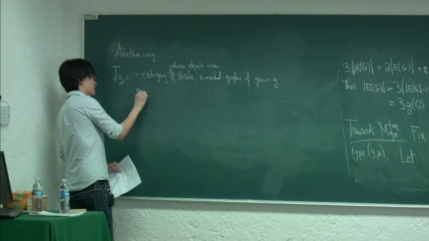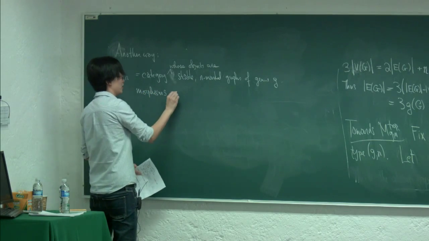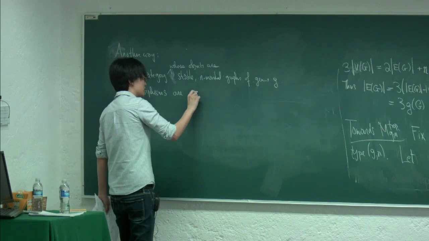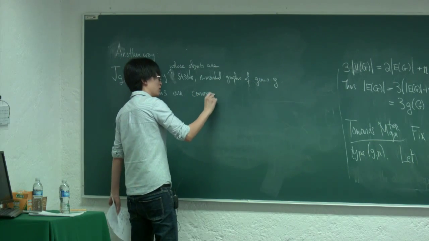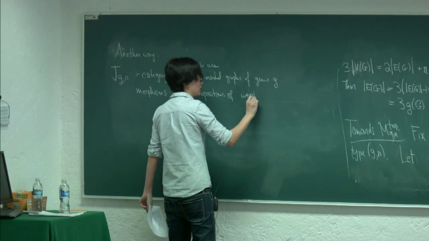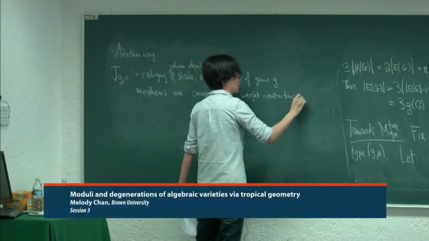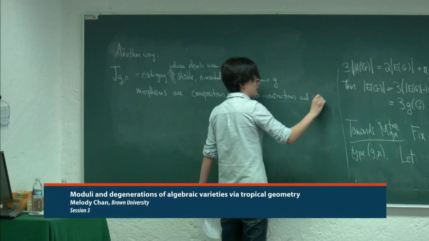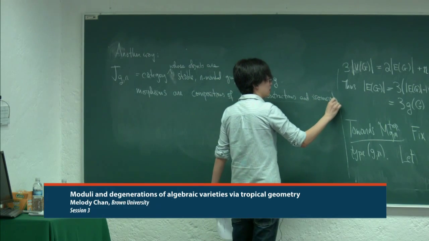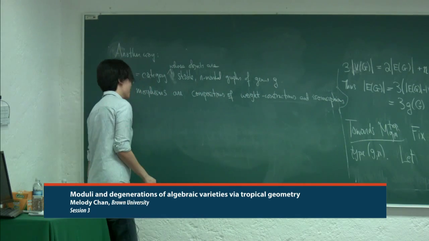And the morphisms, I'll say somewhat informally, are all possible compositions of weight contractions and isomorphisms. Isomorphisms in the category of graphs, which you can perhaps guess what they are.